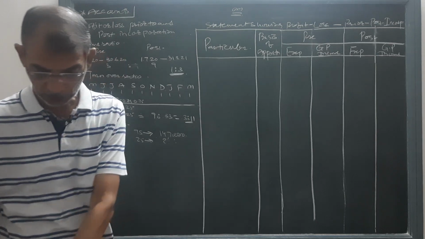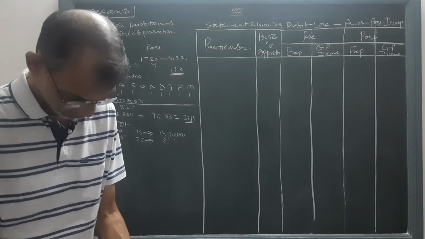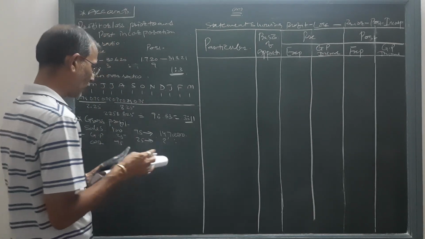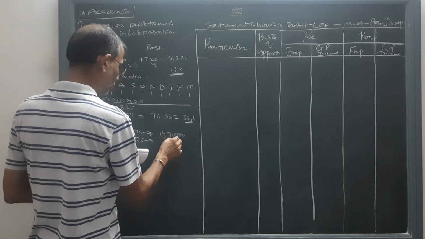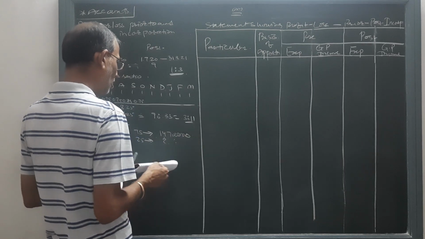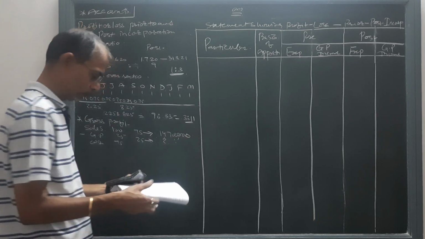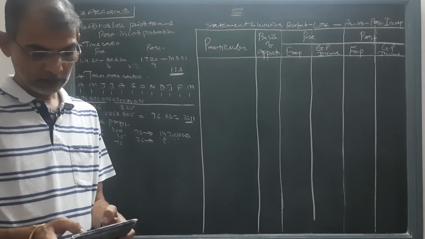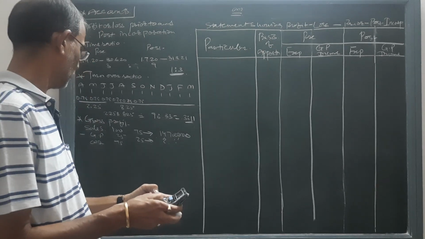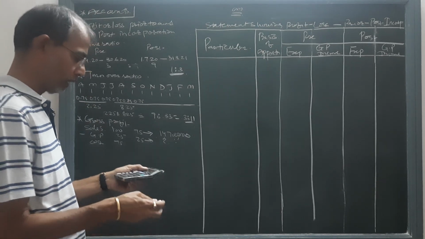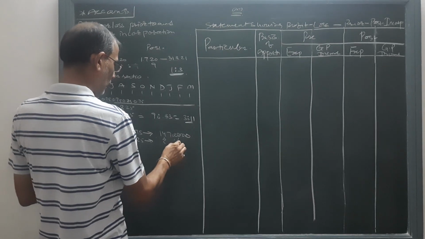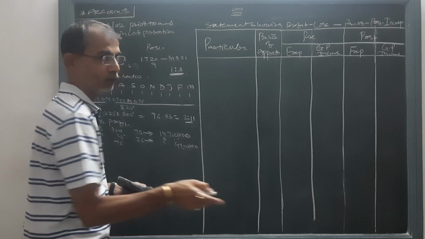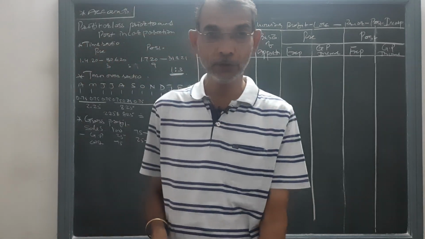Sorry, 14 lakh 70 thousand, it is 1 crore 47 lakh. So 1 crore 47 lakh divided by 3 will be 49 lakh. 49 lakh will be the GP.